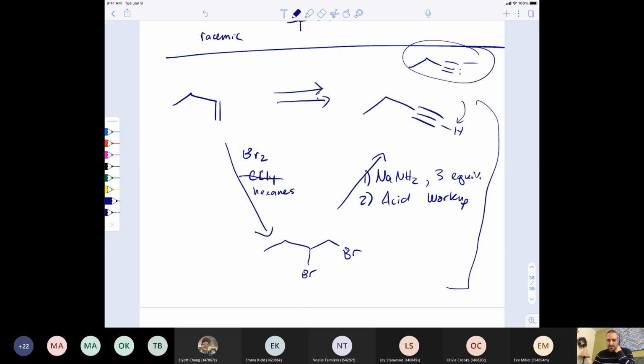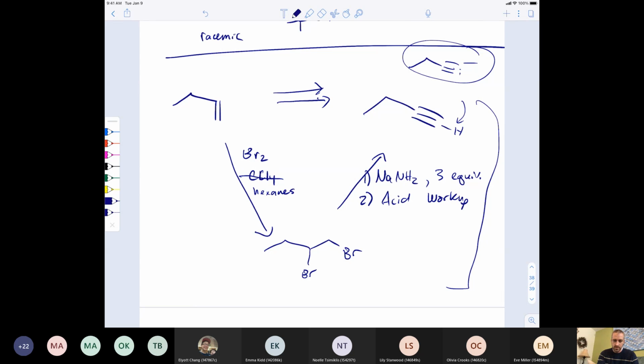Sometimes you see plural hexanes. It just means it's a variety of hexane isomers, not just straight normal hexane. You could have branched isomers. It doesn't change its chemistry. The only purpose of the solvent in this case is to make sure everything's together in one phase. And that was it for the question.